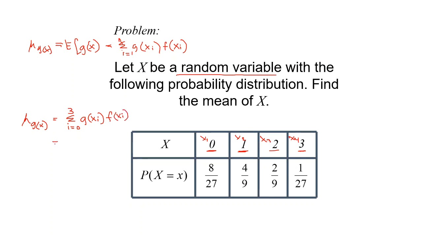So we have here 0 as our g of x sub i. This is actually the value of our x sub i.